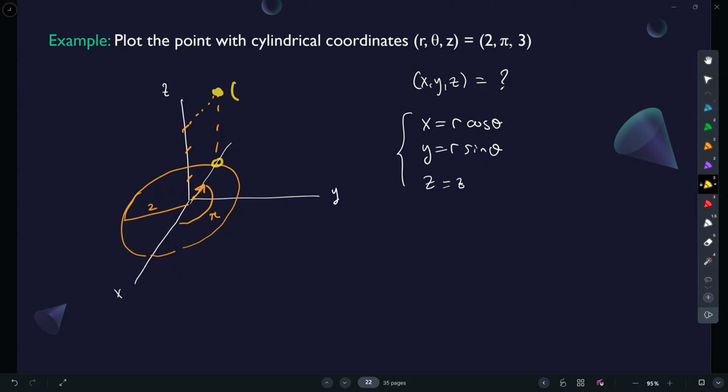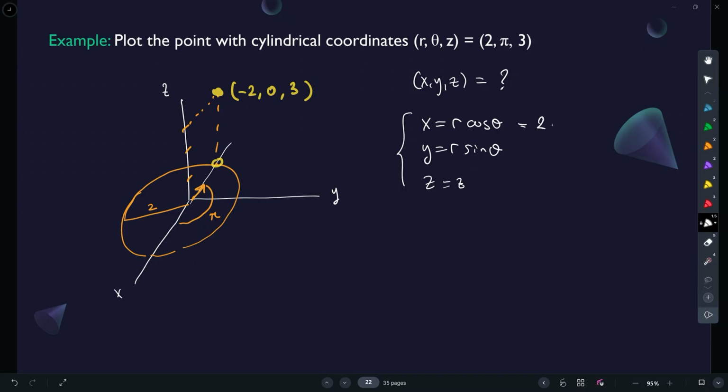So what point is that? The x coordinate is -2. The y coordinate is 0. I'm in the x line. The projection is in the x axis. So this is 0. And the z coordinate has to be 3 as advertised. But I can do what was suggested, which is use r cosine theta.